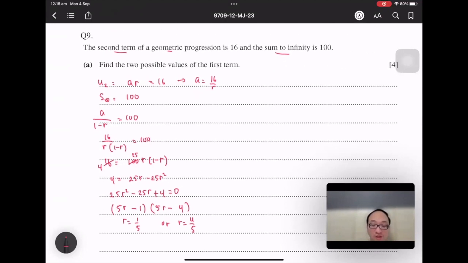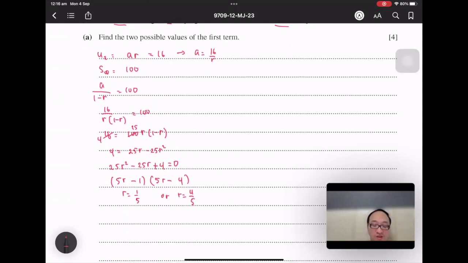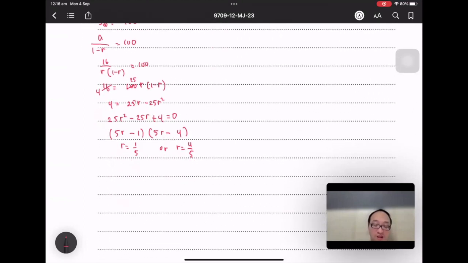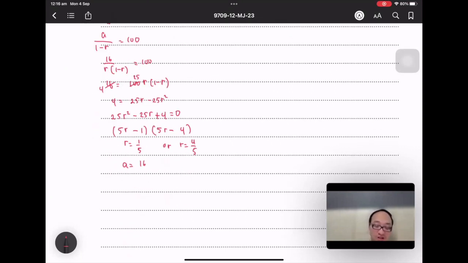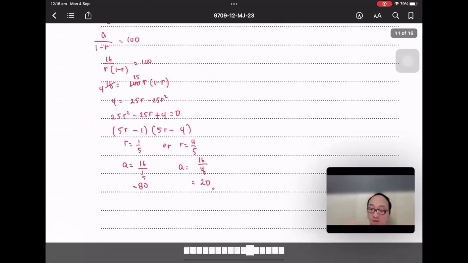Find the 2 possible values of the first term. So we find a. a is 16 over r. So 16 over 1 over 5 equals 80, or 16 over 4 over 5 equals 20.